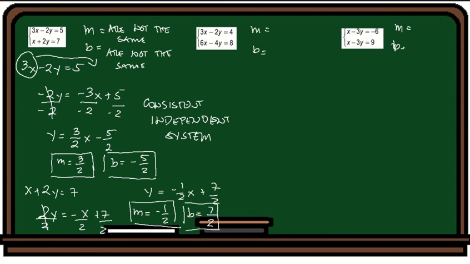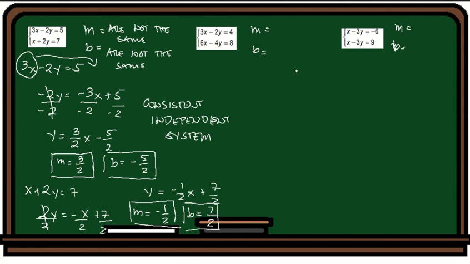So again, for a consistent independent system, m are not the same and b are also not the same. To identify the m and b, you need to rewrite your equation, which is in standard form, to slope-intercept form. Okay, so now let's proceed to the second system.